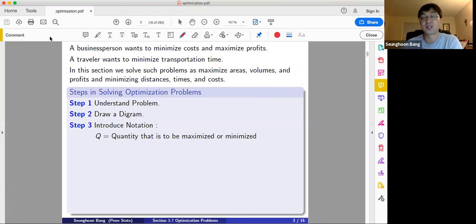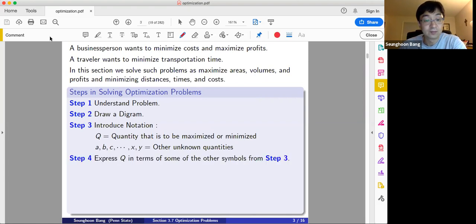You only have to give a notation to the quantity that is to be maximized or minimized. For the other unknown quantities, you can use a, b, c, and x, y, and so on.